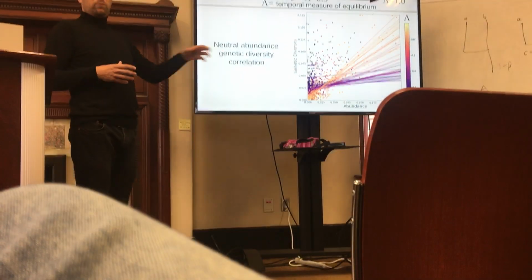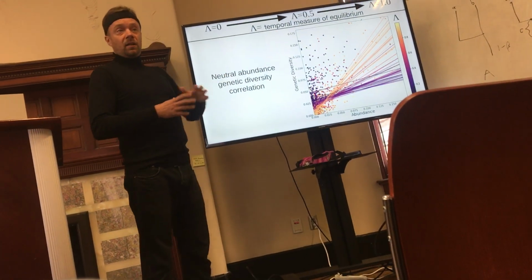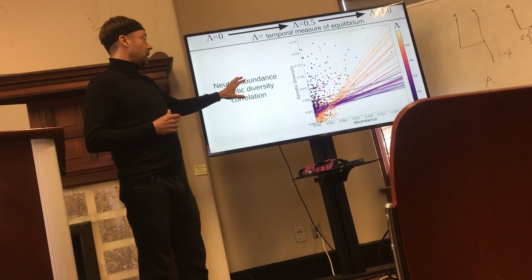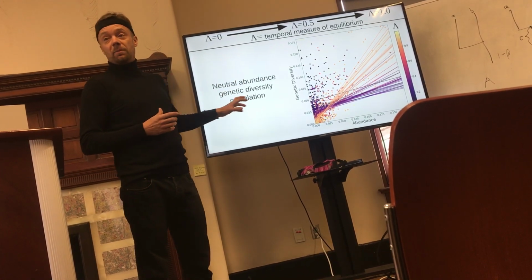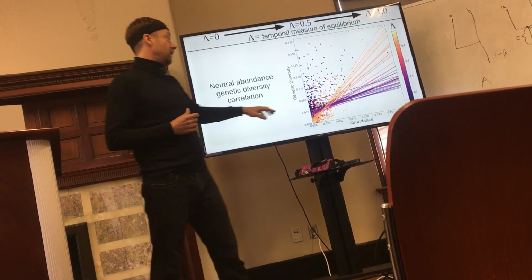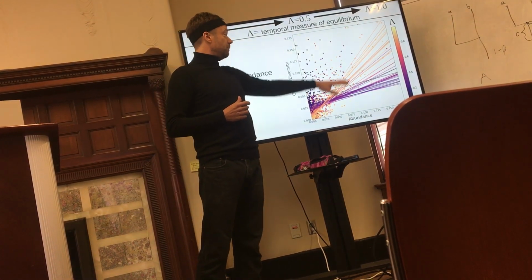Up to this point, we're only looking at the abundance distributions and genetic diversity in isolation. But we can look at the joint abundance and genetic diversity, the correlation between abundance and genetic diversity. You can kind of blur your eyes.